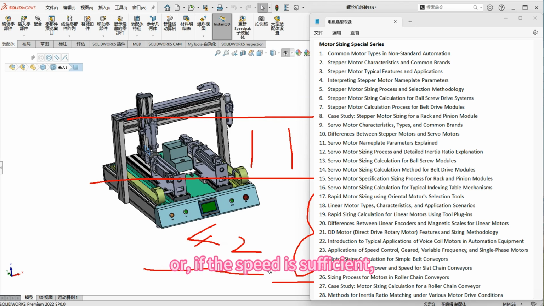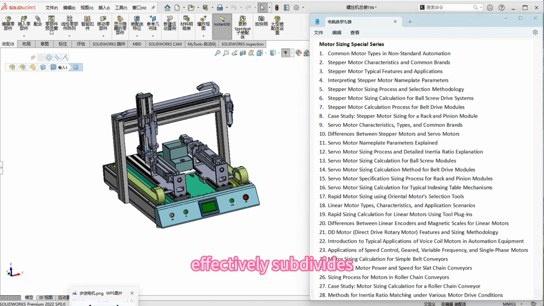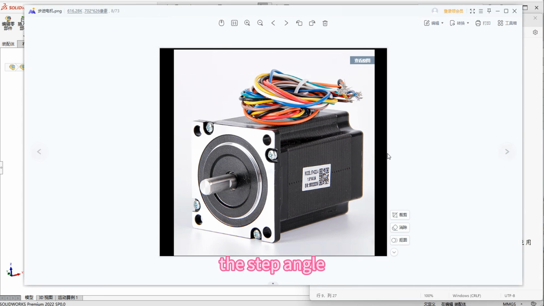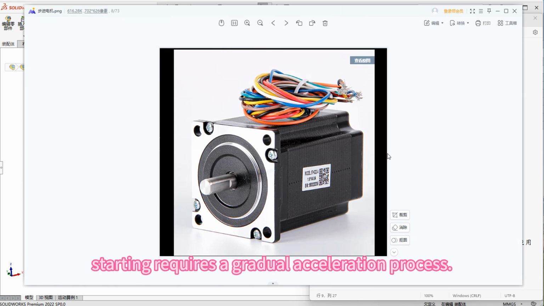Or, if the speed is sufficient, we can add a gearbox. Adding a gearbox means for a stepper motor, using it with a gearbox effectively subdivides the step angle in a way. Isn't that so? Of course, you can also, if cost is not a concern, switch to using a servo motor. That's also fine.